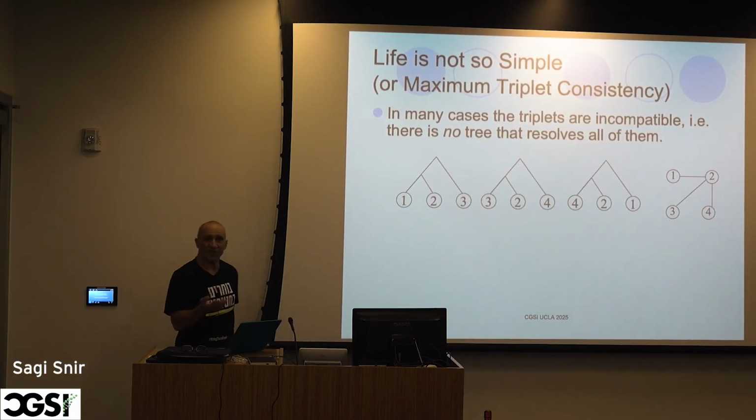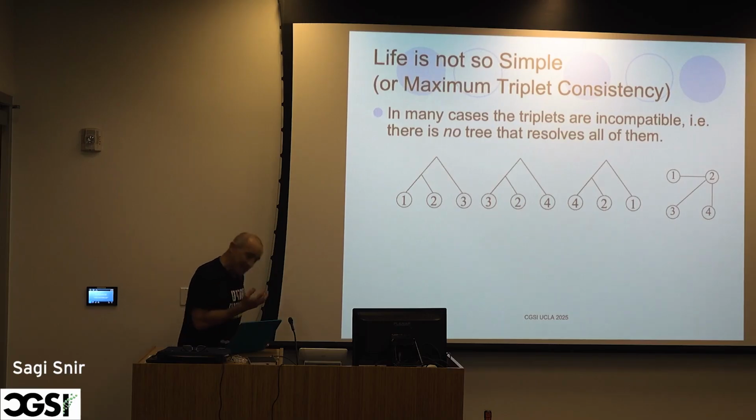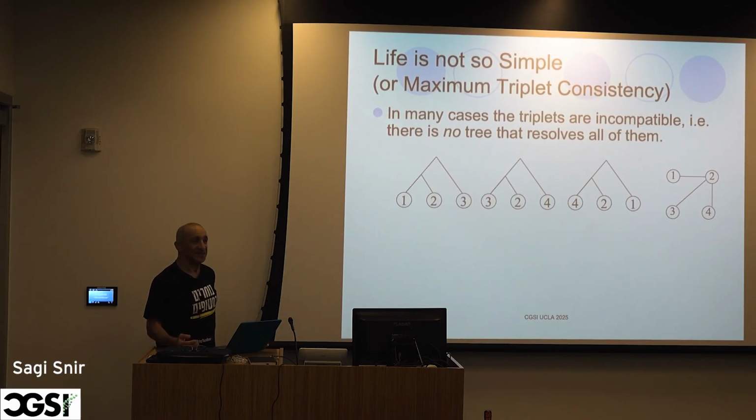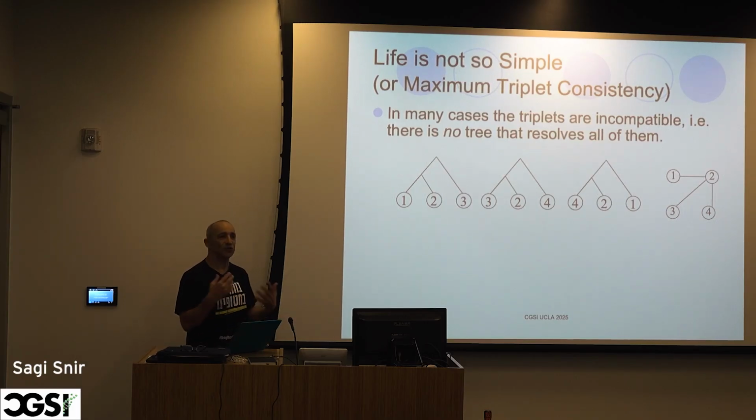So I remember when I just did my PhD, my advisor was something special, and he said that in computational biology, in real life, problems are always hard, and to come and say, this is NP hard, I just sit and scratch my head.